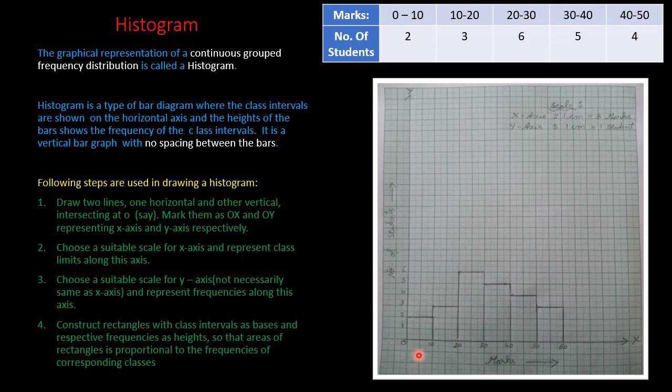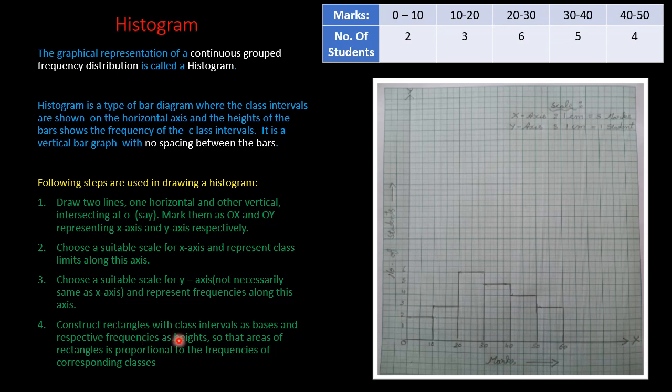We have taken the scale 1 centimeter equal to 5 marks along the x-axis, and we have written the class intervals. Choose a suitable scale for the y-axis and represent frequencies along this axis. Here along the y-axis we have taken the scale 1 centimeter equal to 1 student.